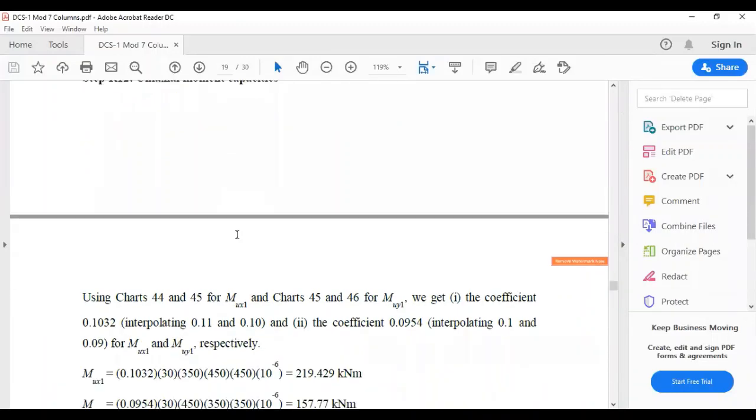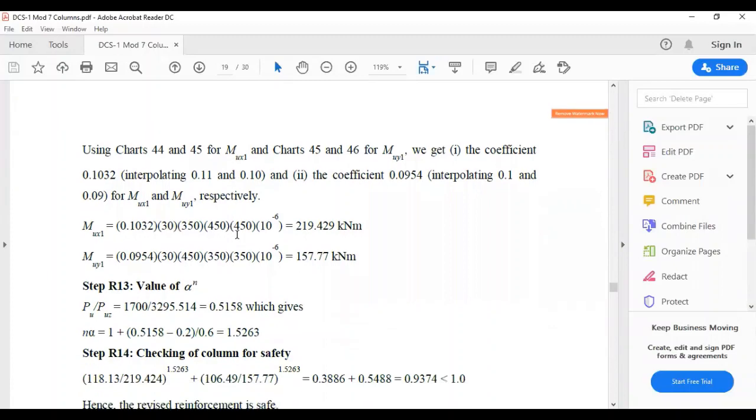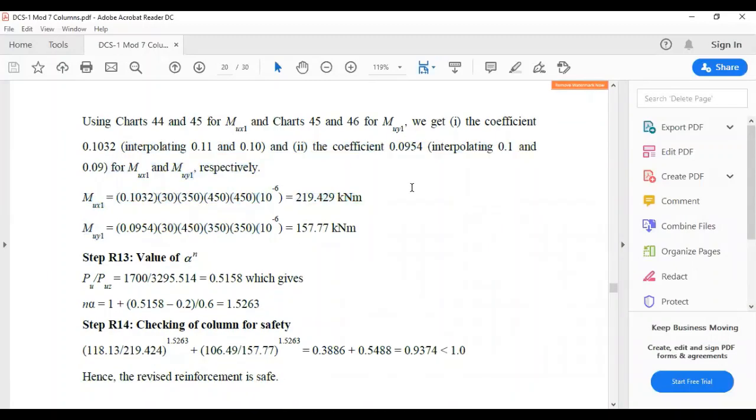The revision of step 12 is finding the uniaxial moment capacity. Again, using charts 44 and 45 for MUX1 and 45 and 46 for MUY1, we get coefficient 0.1032 if we interpolate the values between 0.11 and 0.1, and coefficient 0.0954 if we interpolate the value between 0.1 and 0.09, for MUX1 and MUY1 respectively.